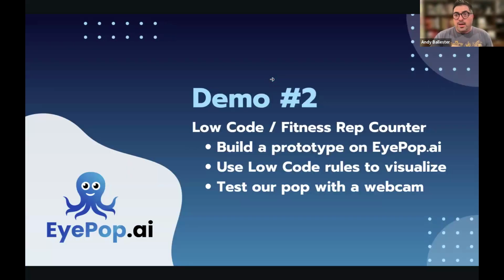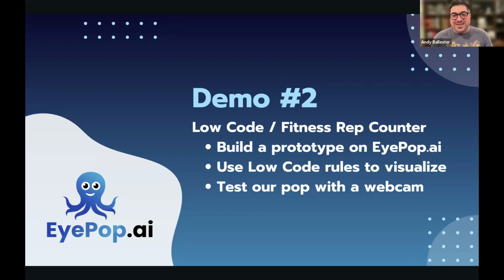All right, I'd like to show a demo now around our prototype type of POP. In this prototype, we're going to build a simple fitness repetition counter. We all do reps at the gym. In this one, we're going to do reps on bicep curls. Can we count how many that I do?